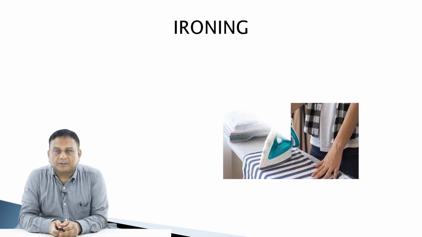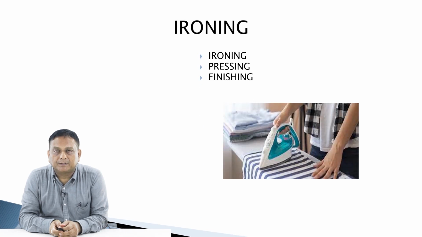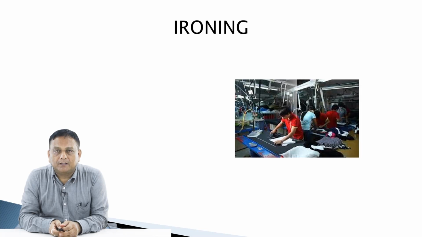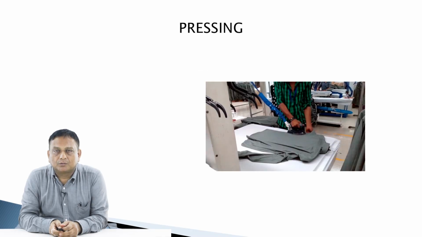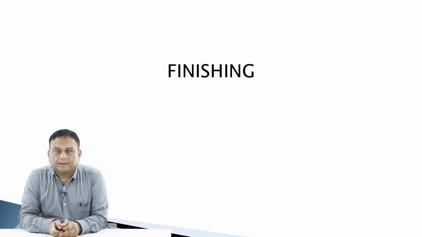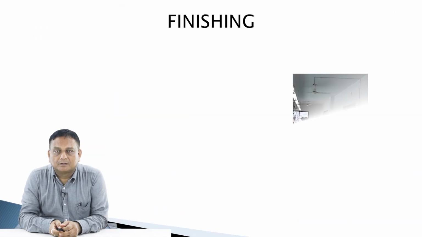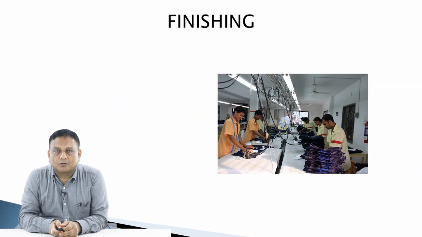Ironing is very, very important, that is, how you are ironing the material. In the ironing category, ironing, pressing and finishing are three important aspects. In big garment industry establishments, ironing is done and pressing is also done, as shown in the figure, and then the finishing operations, which are also available on a mass scale.